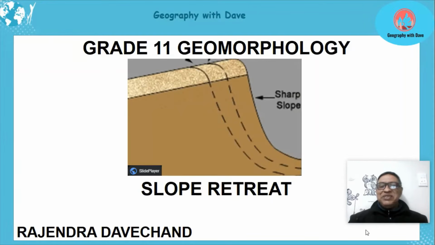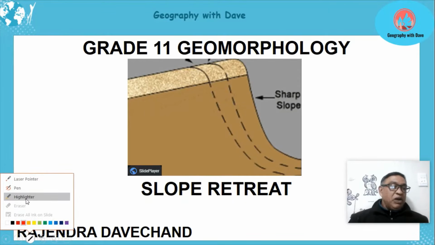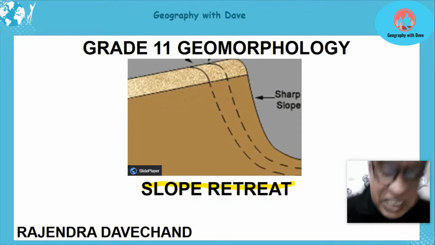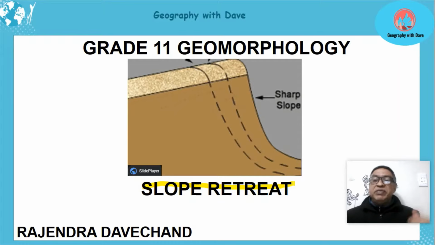Today, we're looking again at grade 11 geomorphology with special emphasis on slope retreat. I know there'll be various things we'll be discussing, like slope development. But if you look at the revised curriculum, it mentions slope retreat.